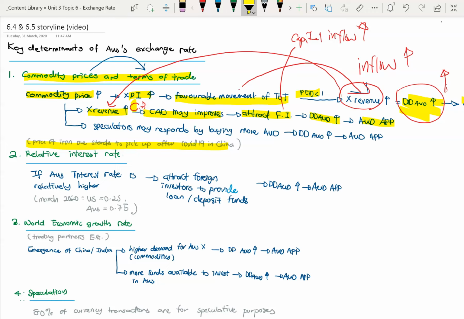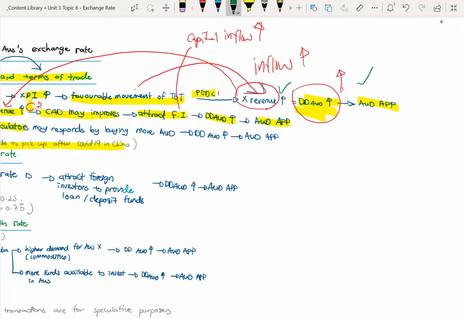Also, commodity price may attract speculators. Speculators are people who speculate or forecast what is going to happen in the economy, and from there they make their investment. Speculators may respond to the increase in commodity price. They may assume that export revenue would rise and currency would appreciate.